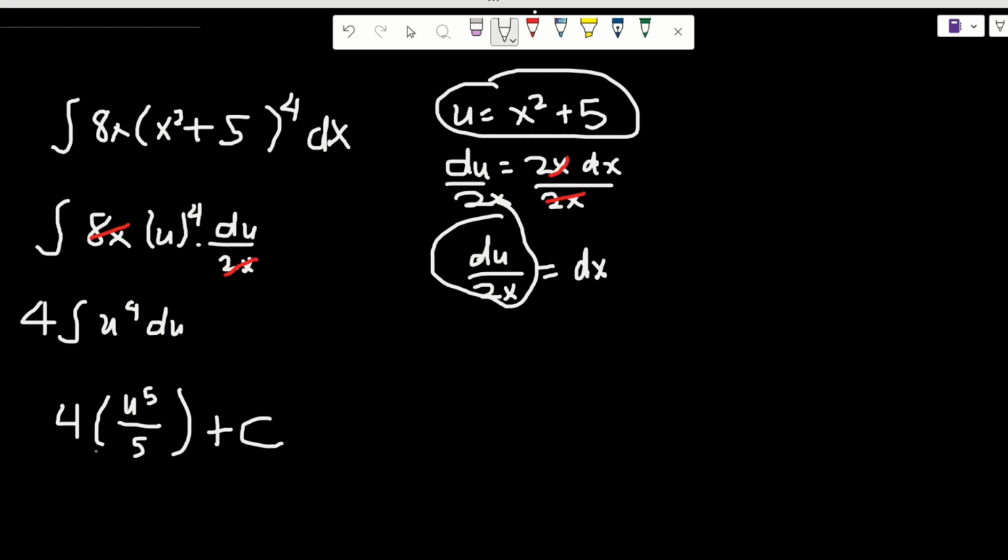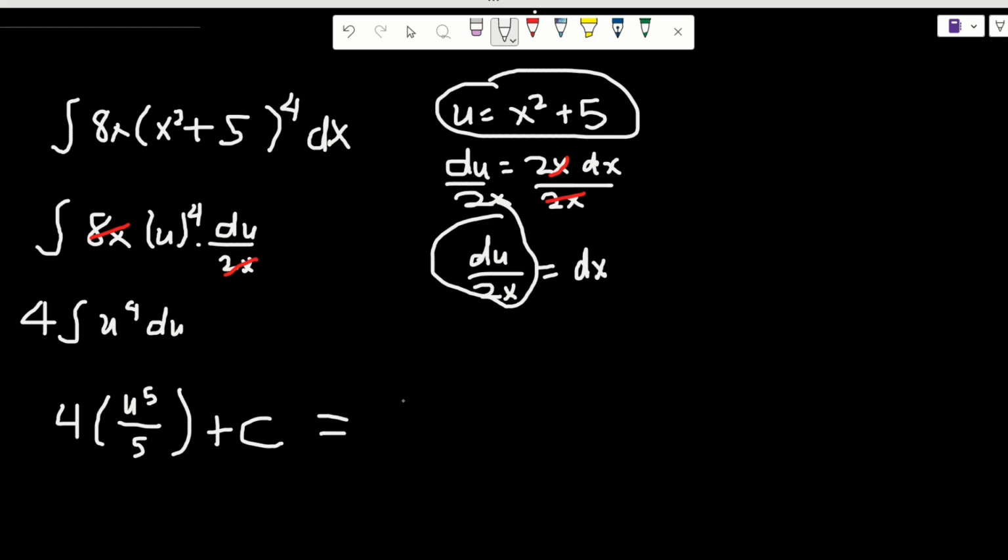After you get this form, this is not the final answer yet. We will bring back the value of u, where u is equal to x squared plus 5.